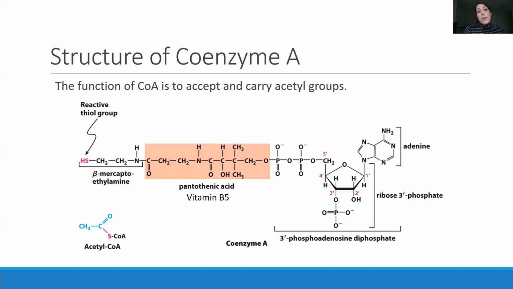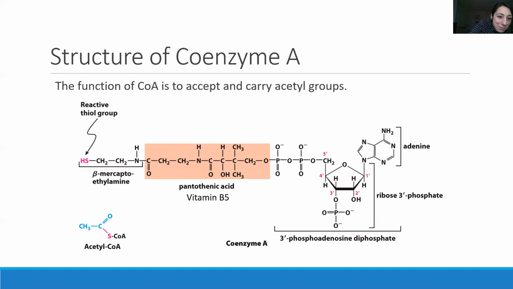So if you have deficiencies in these, again, it is going to strongly affect your energy production, specifically in making acetyl-CoA. And then at the end here, you can see that we actually have a nucleic acid like molecule with a ribose and adenine. So it has a phosphoadenosine diphosphate portion attached to it.